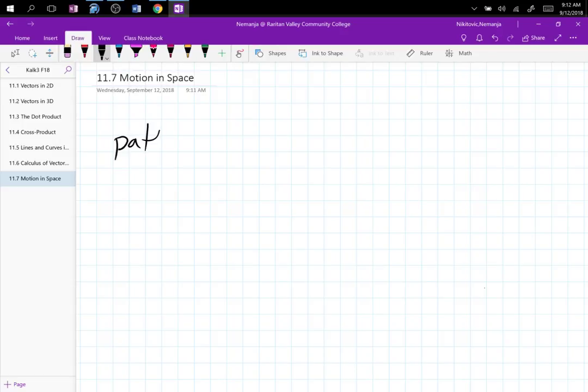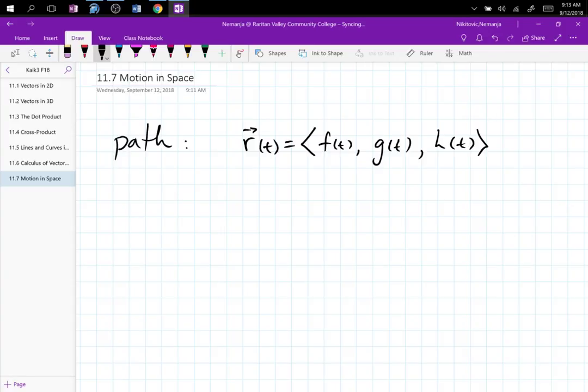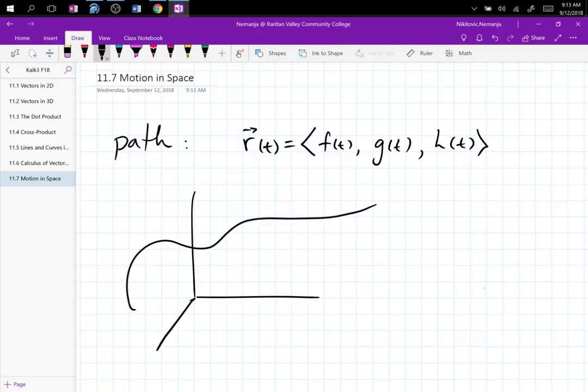So, the path is given by the vector-valued function, which is the set of parametric equations, and that is going to be f of t, g of t, and h of t, which gives us some kind of path in our xyz space.